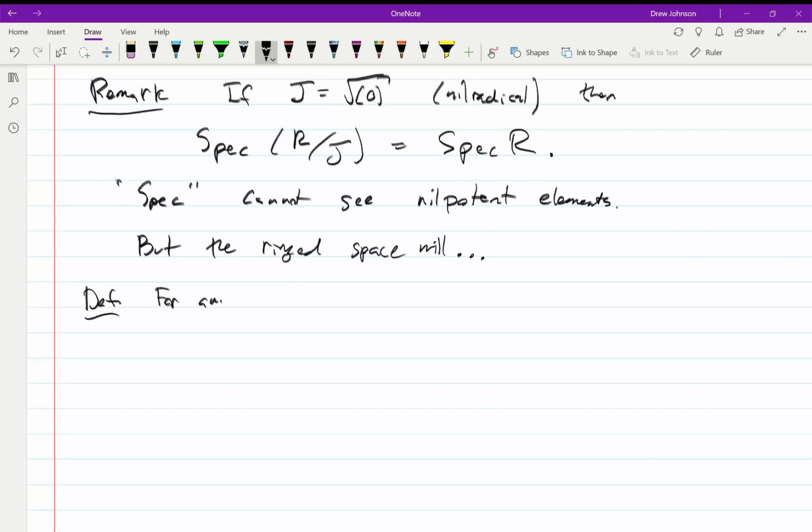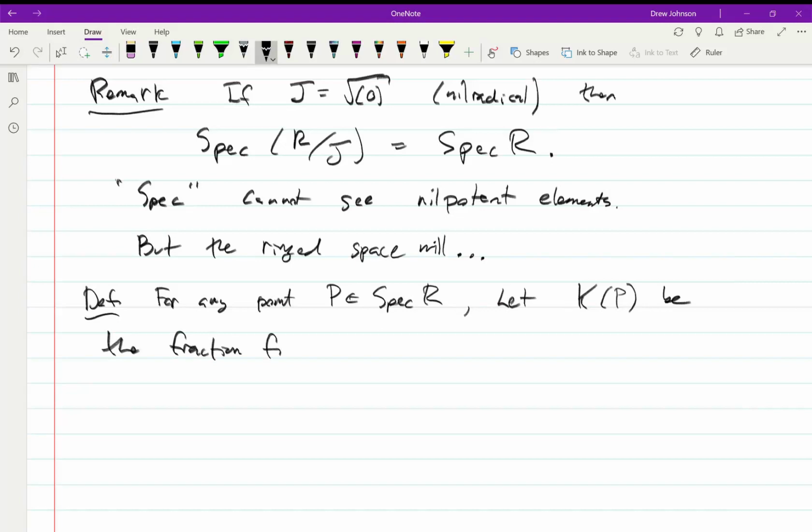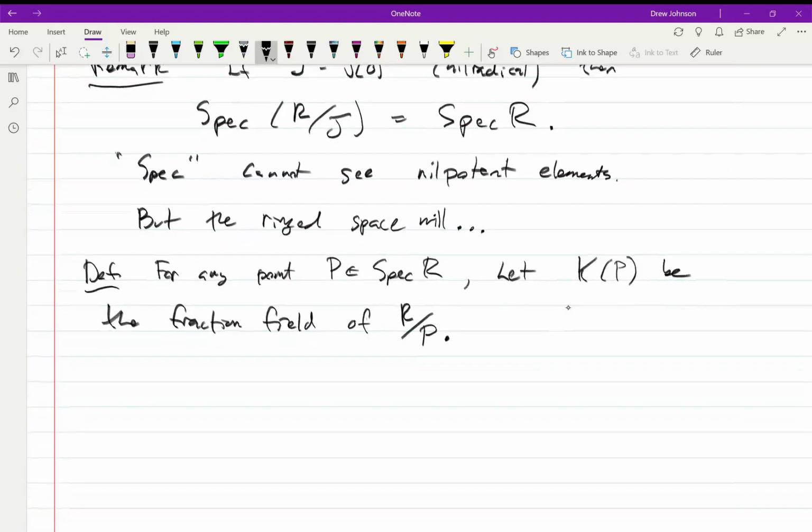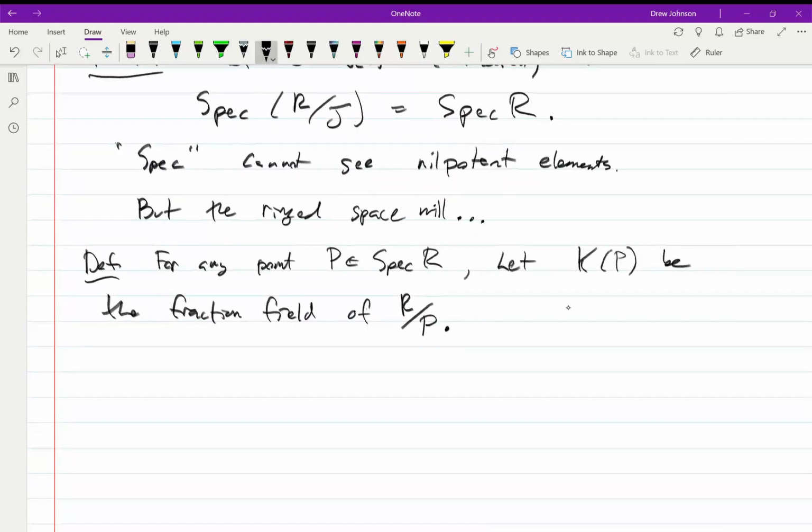For any point P in spec R, so P is a prime ideal, let K of P be the fraction field of R mod P. Now R mod P is an integral domain because P is a prime ideal, so it makes sense to take the fraction field of it. We'll call it the residue field.